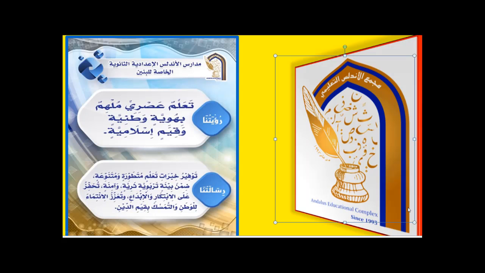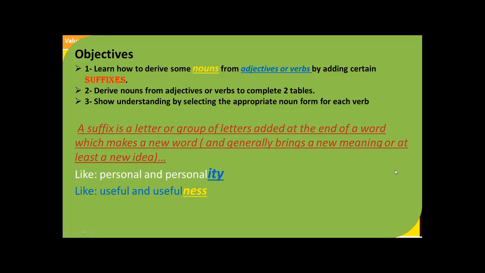Hi dear all, especially students of grade 10 in Al-Andalus Secondary School for Boys. This is our second meeting and this time it is just a vocabulary lesson during which we hope to accomplish the following objectives. 1.